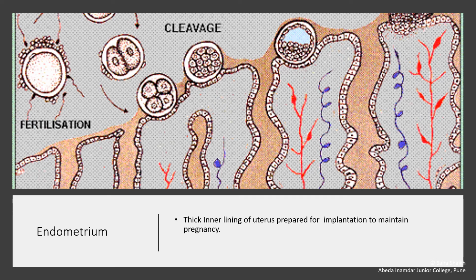In this picture, we can see the growth of the endometrium. It becomes thick, waiting for the implantation to maintain the pregnancy.